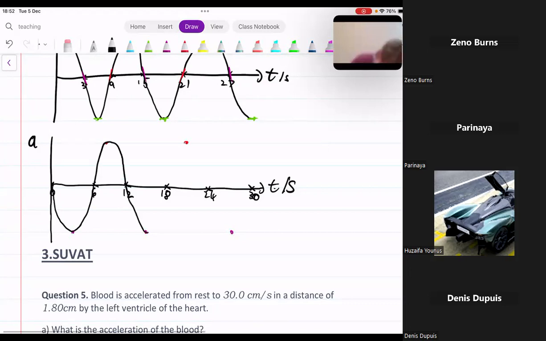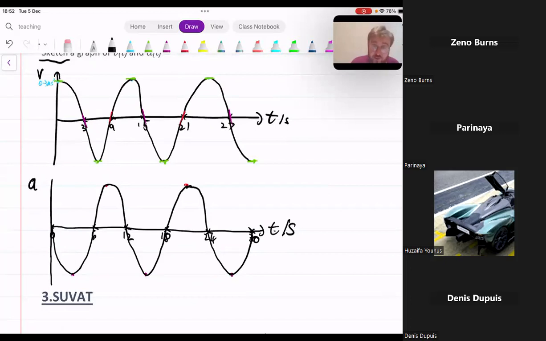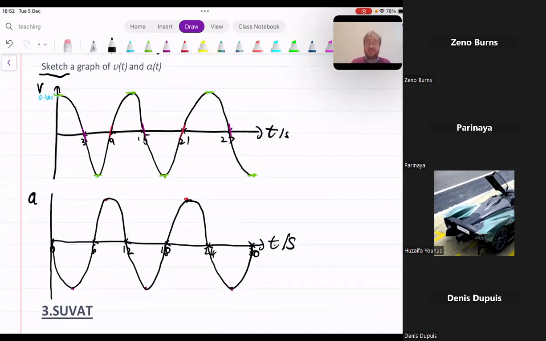Again, we're joining up all the points, and everything is going to be nice and smooth in this case. Okay. Does this make sense? This is maybe quite complicated, but really what is important is getting the maximum, the minimum, and the zeros.